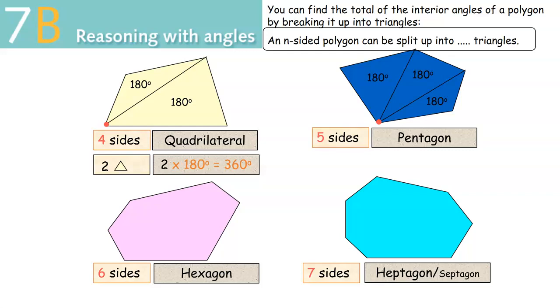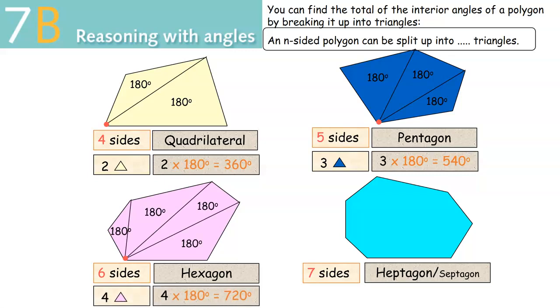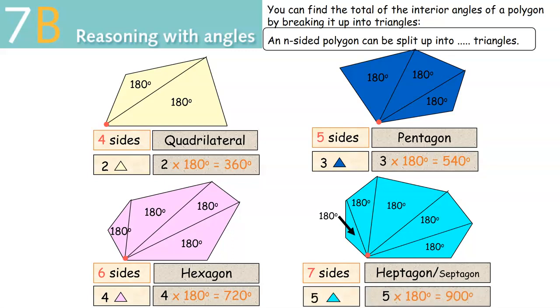So a pentagon, its interior angles add up to 3 times 180, which is 540. Hexagon, here we can see it's split up into 4 triangles. So the sum of the interior angles of a hexagon is 4 times 180, which is 720. 7-sided heptagon, 5 triangles. So the interior angles of a heptagon add up to 5 times 180, which is 900 degrees.